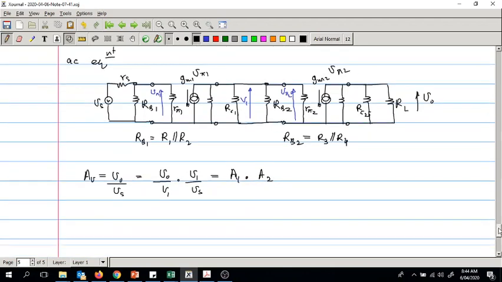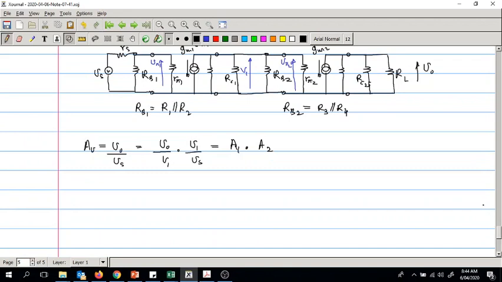Let's look at what we will actually get.